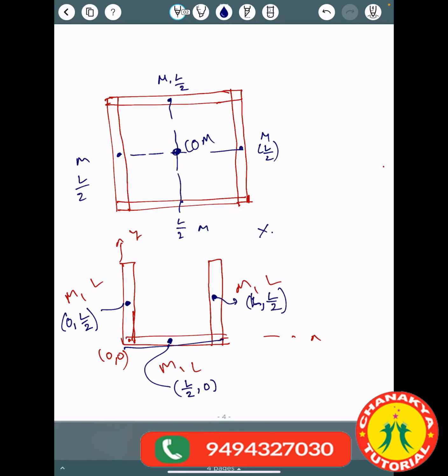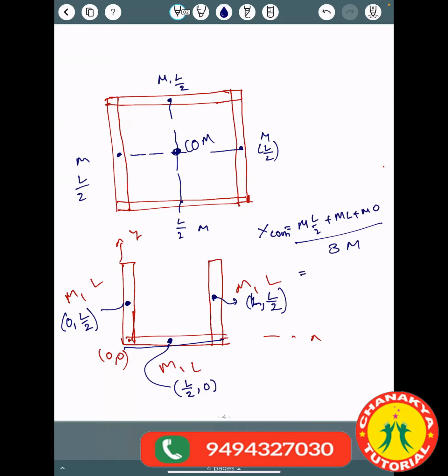Now calculate x center of mass. Multiply all masses with their corresponding x. M into L by 2 plus M into L plus M into 0, divided by 3M. Check. What will be the x?